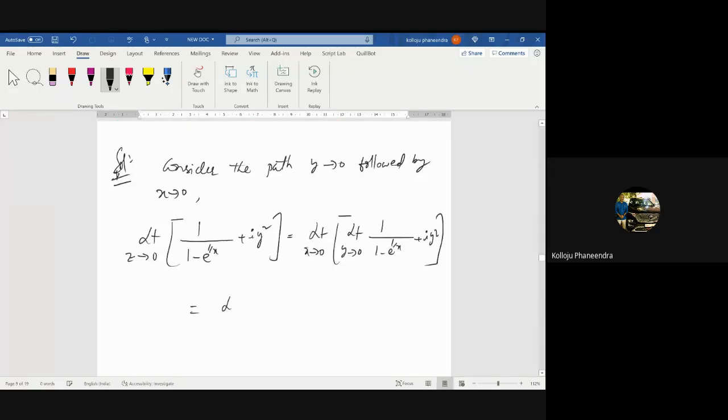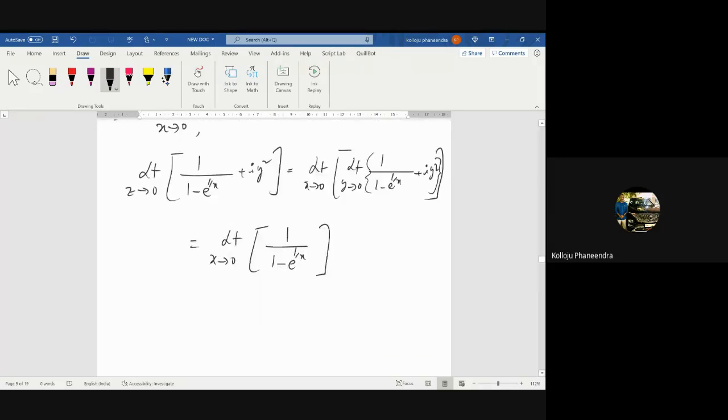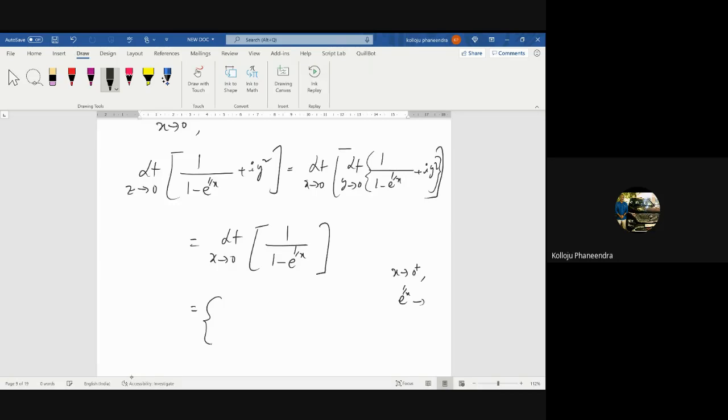After applying y tends to 0, I am getting 1 by 1 minus e power 1 by x as it is, and the y square value is 0. Now what is this limit value? When x tends to 0 plus, e to the power of 1 by x tends to what? 0 plus means positive value.